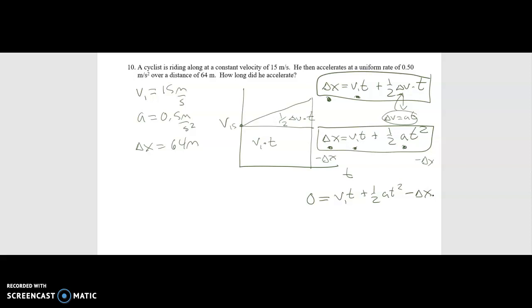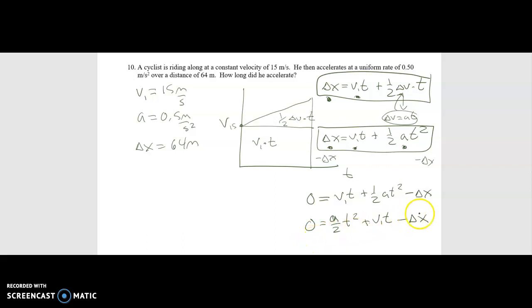Wait a minute, that looks like a quadratic, doesn't it? Let's rearrange this. You end up with a over 2, that's 1/2 a, t squared, plus initial velocity times time, minus delta x. I just moved these back and forth to get them in the quadratic formula lineup.